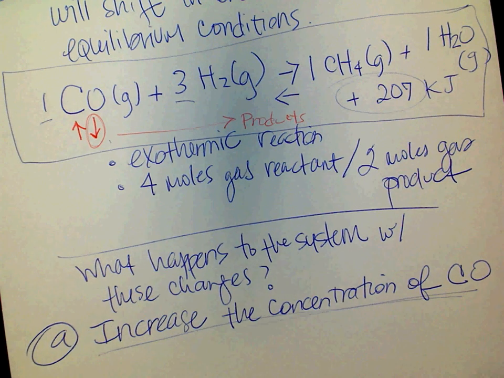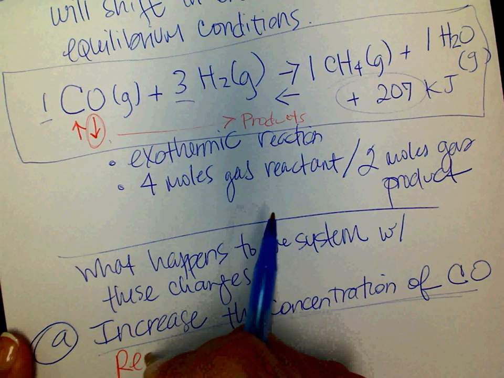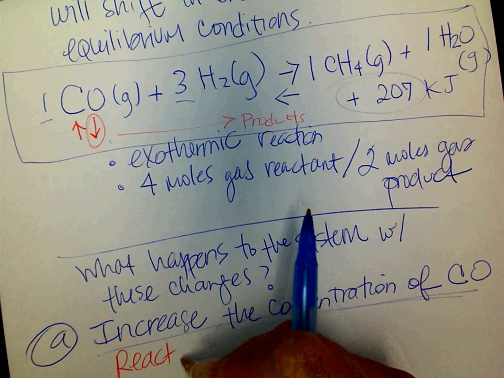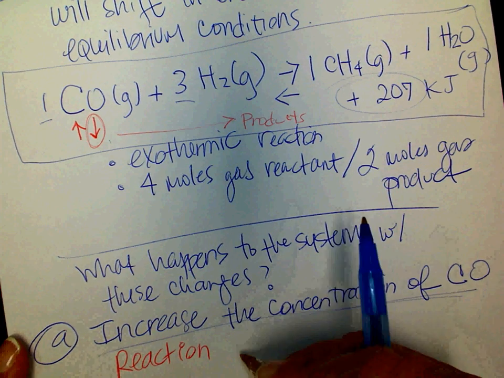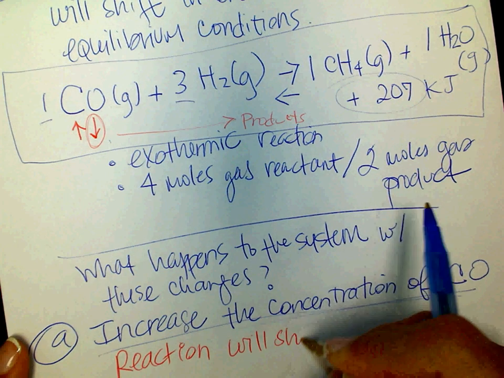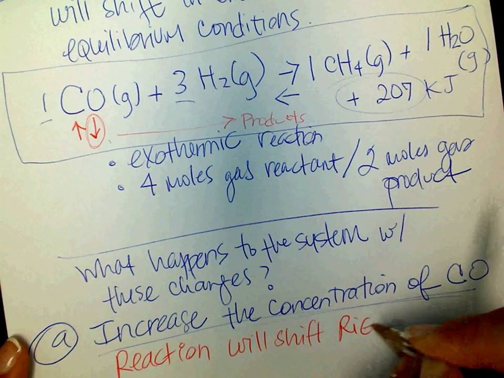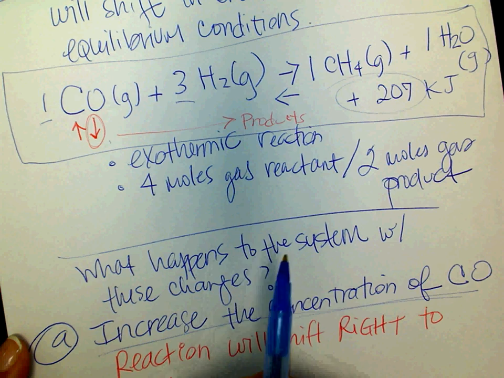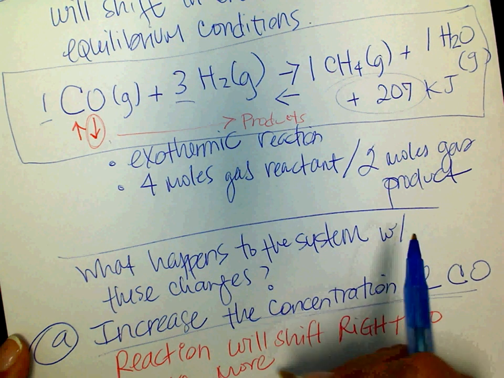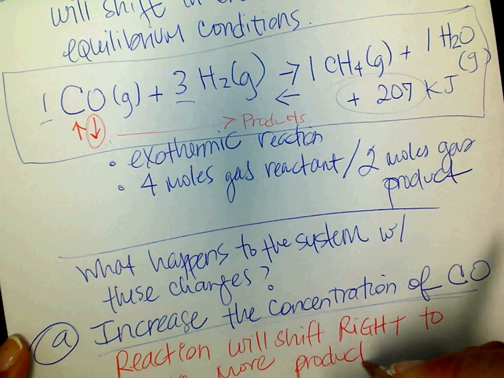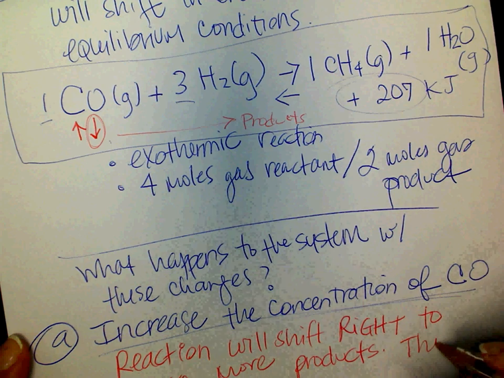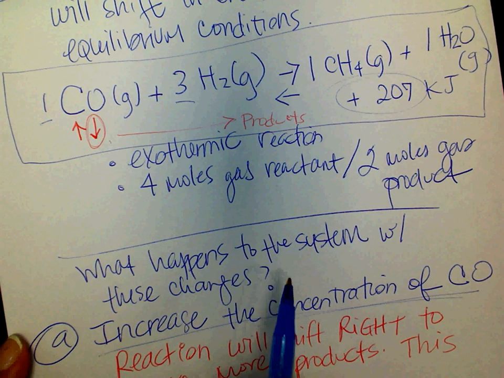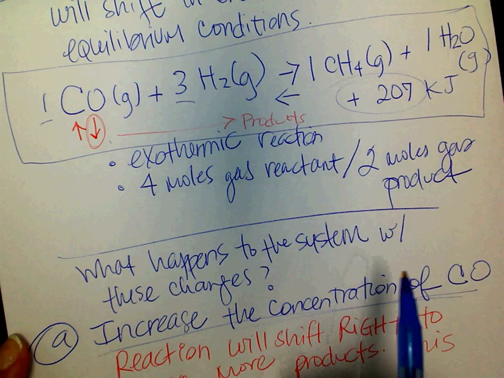You have to have sufficient hydrogen in order for this to happen. Reaction will shift right to make more products. This will decrease the CO.